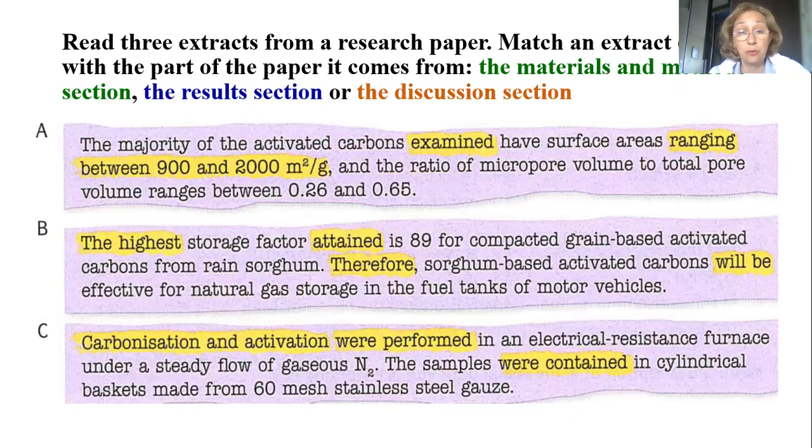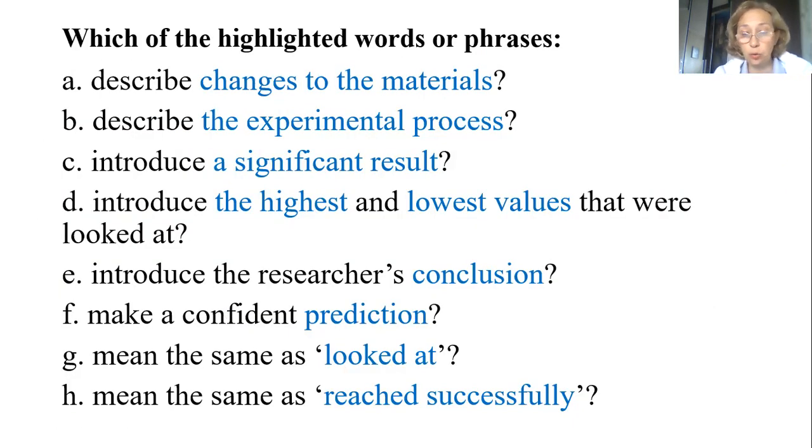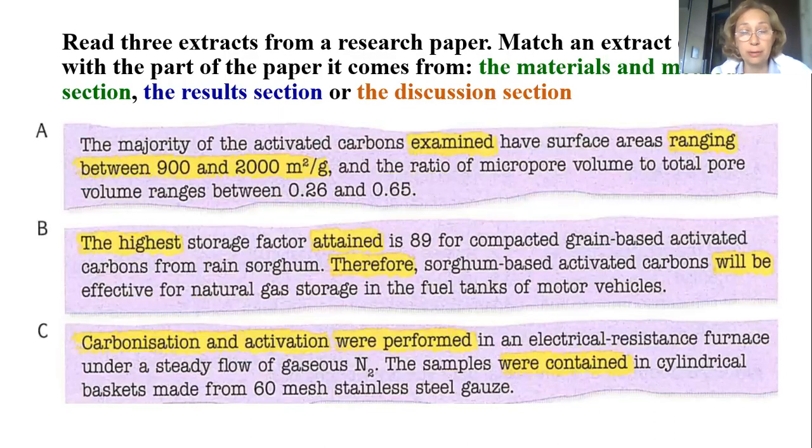So if we have some kind of material, where we have the materials and discussion, right? ABC, which one? Were contained. So changing of something, we do something with the materials by doing what?